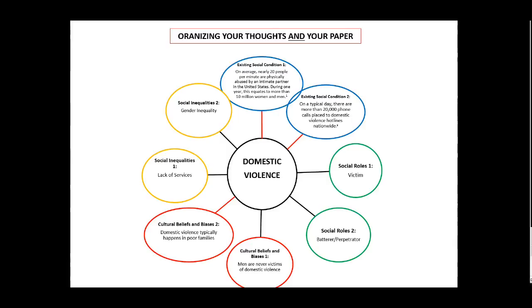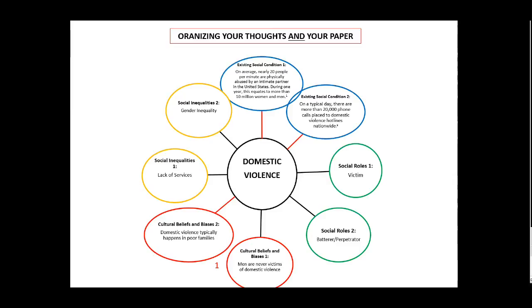Organizing your thoughts in your paper. This was in my last video for your milestone 3, and I just thought I would highlight it again. This is how I sort of envision it or logically see it. Obviously you don't have to follow this format. Do it however you think you need to organize your thoughts in your social issue.